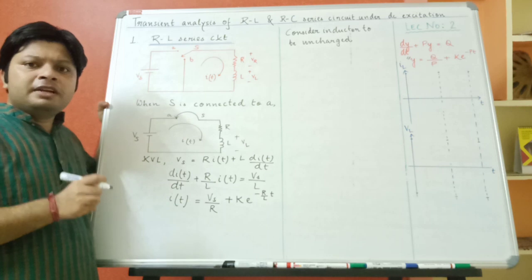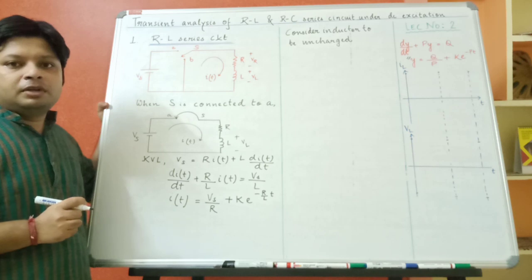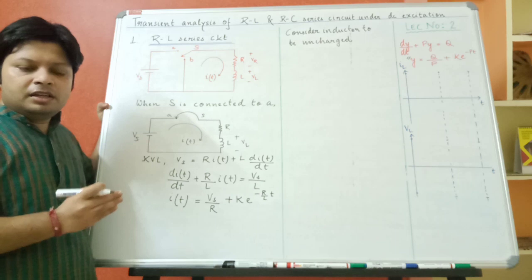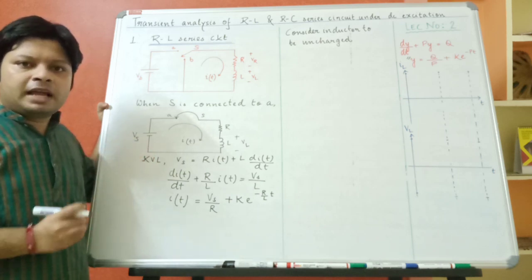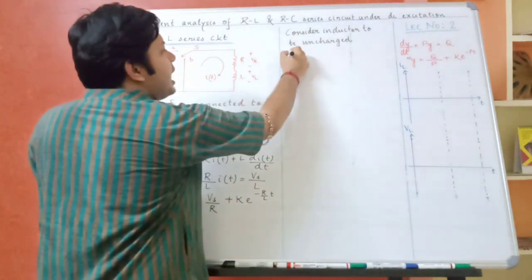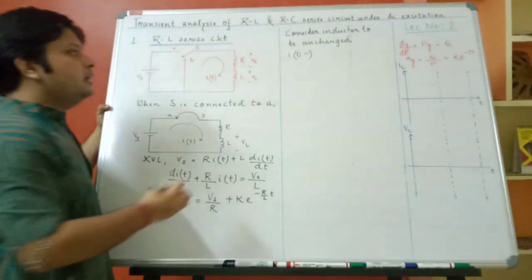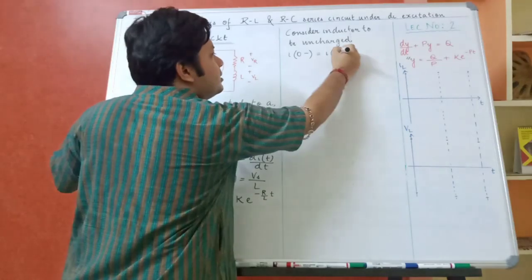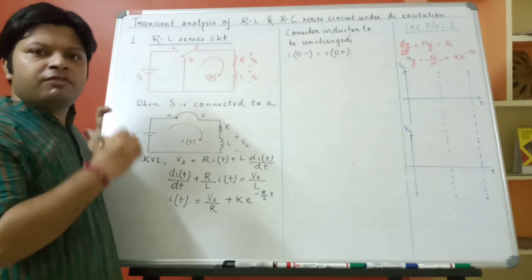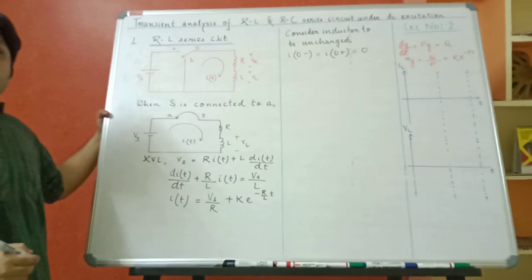And as you know from the previous study what we did, inductor doesn't allow change in current for a certain amount of time. So, from getting charged from its uncharged condition, its current will remain 0 for some amount of time. Then it will get charged to some value. So, if I consider the uncharged condition as some 0 minus condition which has occurred beforehand, it is equal to the present condition, that is I0 plus will be equal, because inductor doesn't allow change in current for some instant of time, is equal to 0. This becomes my initial condition.